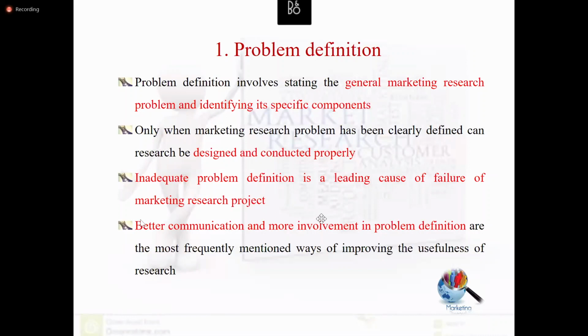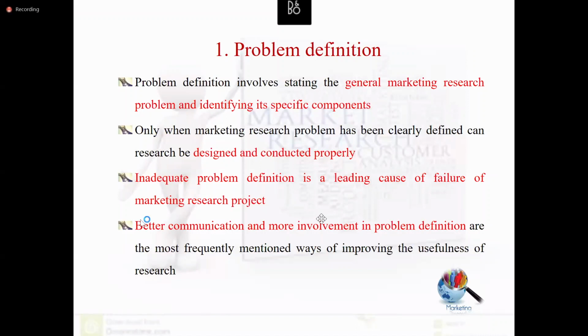Regarding finding the causation, we have to put it as a problem: whether this has been because of the competitor's action or because of changes in the consumer's preferences, right? So now the problem of the sales decline has been split into two problems, as I specifically mentioned.